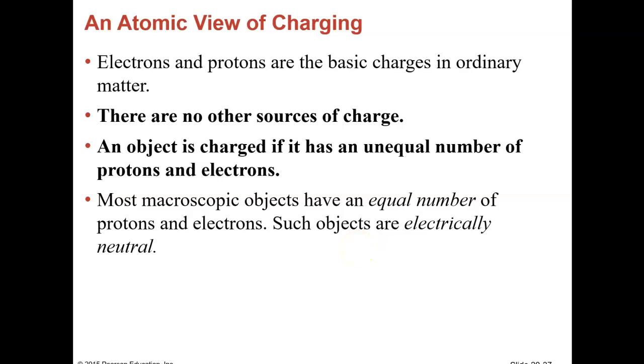So electrons and protons are the basics of charges in matter. These are the sources of the charge. A charge just means you have an unequal number of protons and electrons. If you have a negatively charged object, you have more electrons than protons. A positively charged object has fewer electrons than protons.